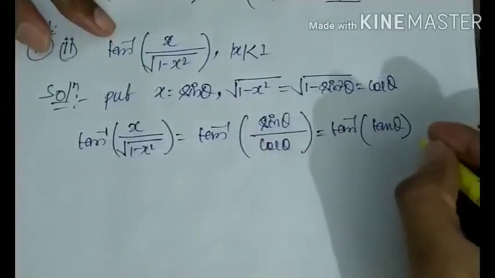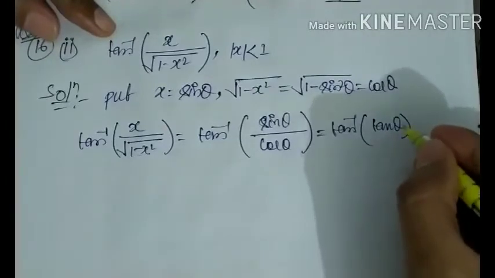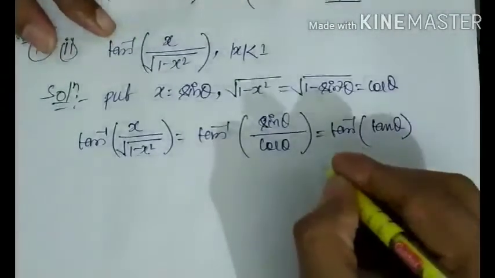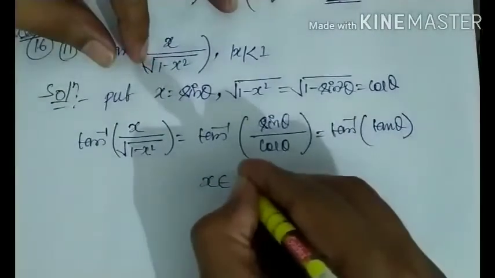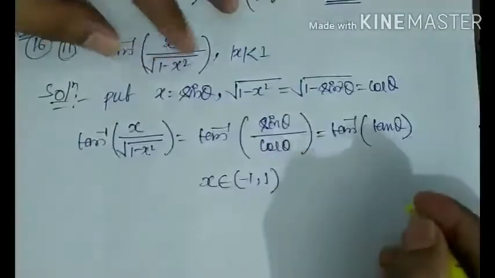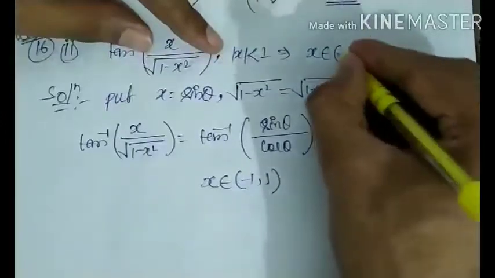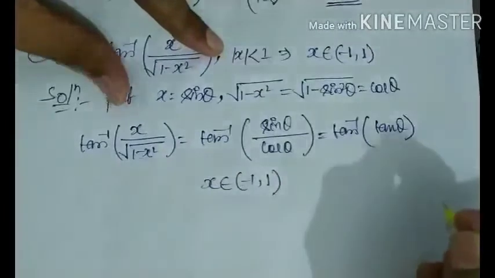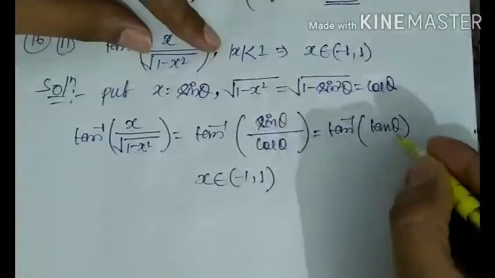As we know, tan inverse tan theta will be theta when theta is in the principal range. Let's check the range of theta. The given condition is x belongs to minus 1 to 1, and we are searching for theta.